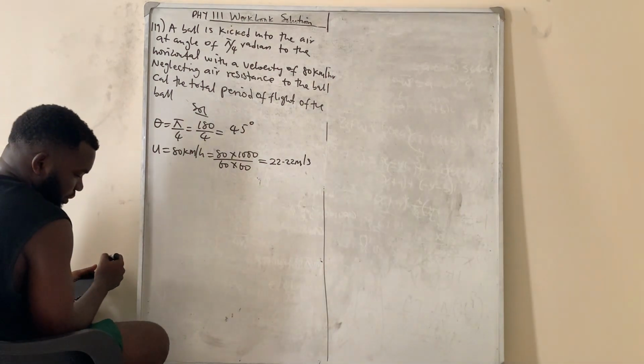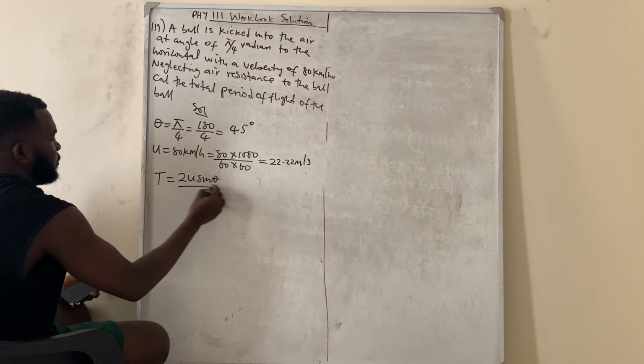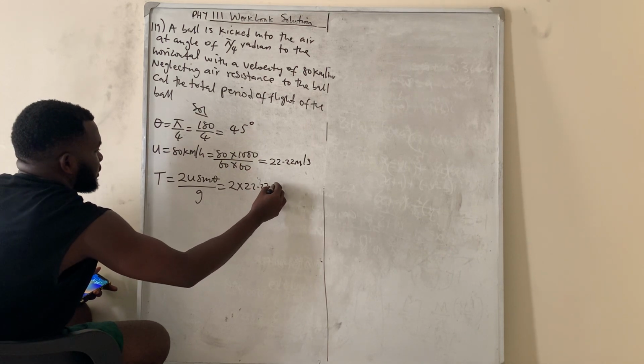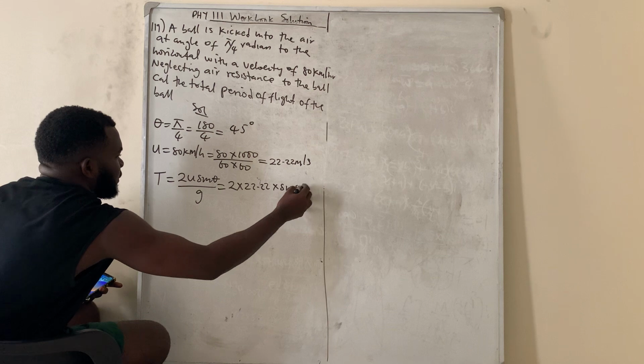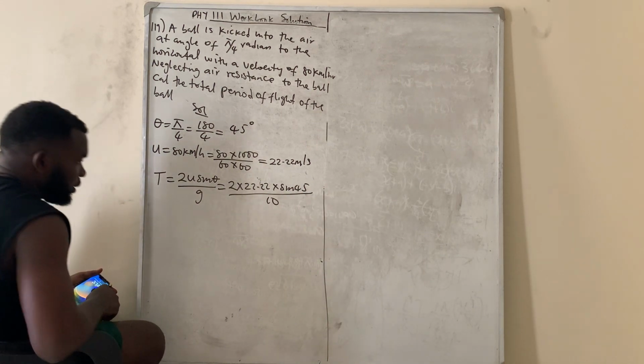So my period is 2u sine theta over g, which is 2 times 22.22 times sine 45 all over 10. So do that and get your final answer.